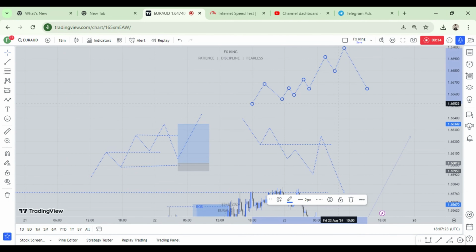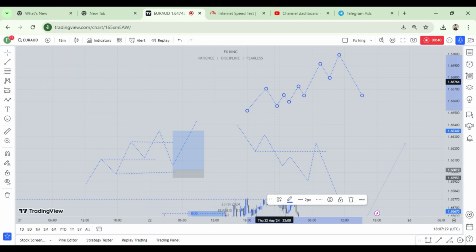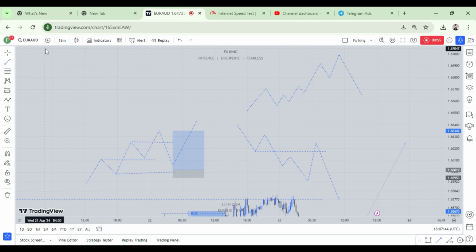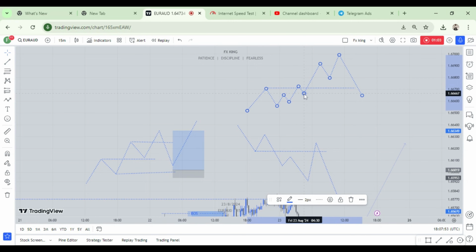Let's say you have a market that looks something like this. You see here, our main order flow is from this high. That is our main order flow.